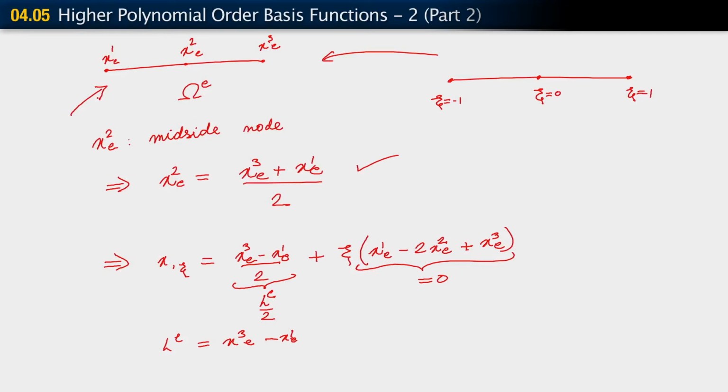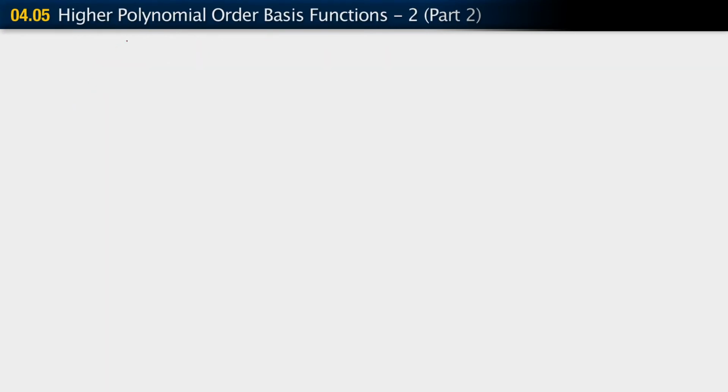What this tells us then is that because the map is invertible, ξ,x equals 1 over x,ξ.